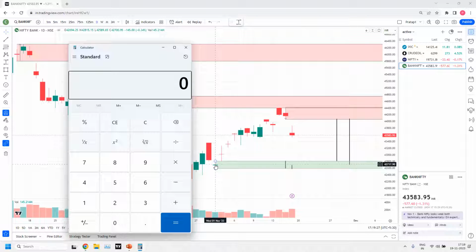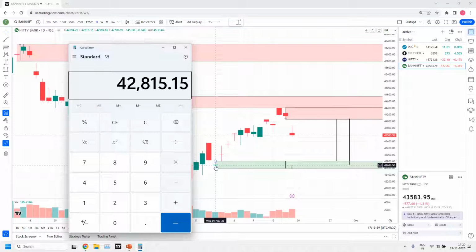The first value is 42,815.15. Is it correct? Yes, 42,815.15.